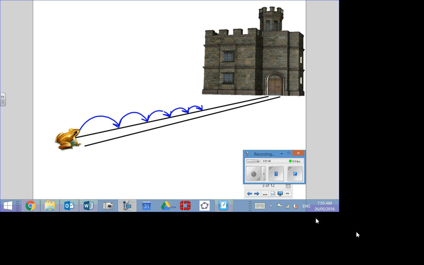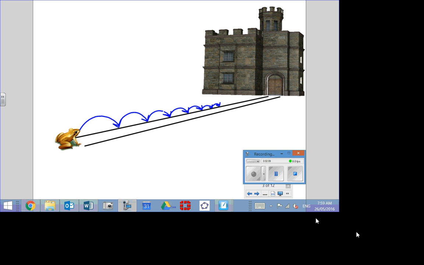In reality, we might say he's going to eventually get so close that we could say he gets to the castle door. However, technically he will never reach it, because he'll infinitely be getting closer and closer, but that distance can always be cut in half.